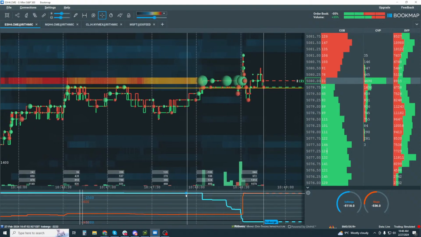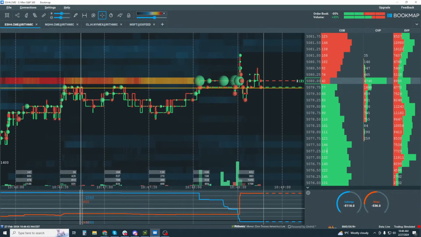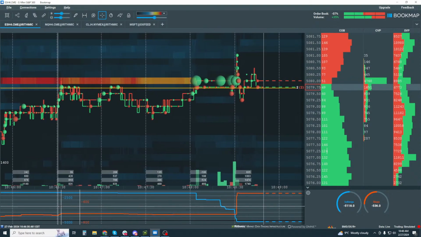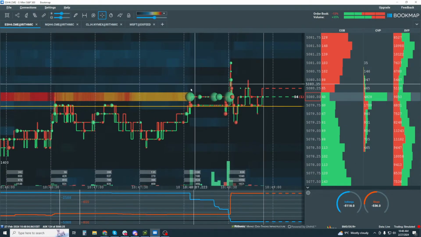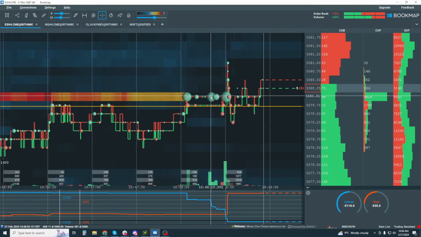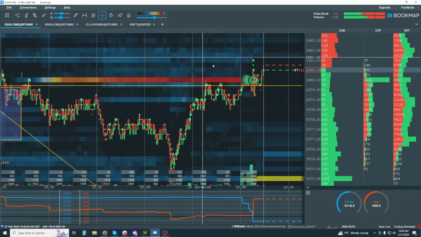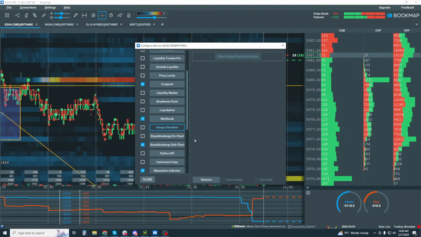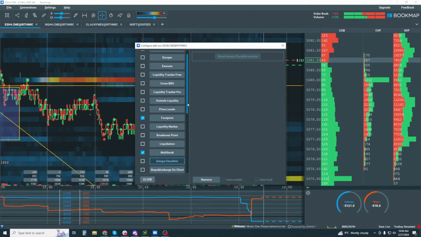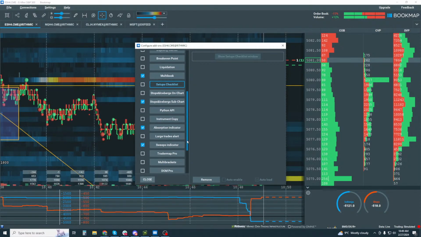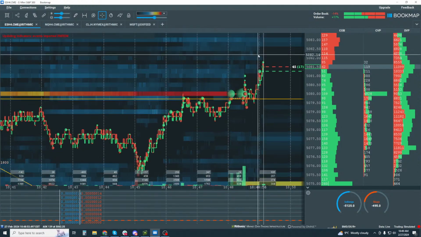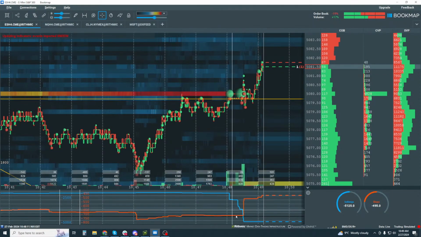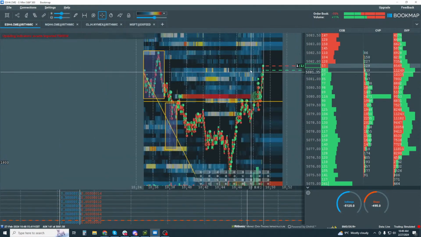Okay, so they sold. How many is that here? It's like 2,500 or more contracts here just transacted. We can put our iceberg indicator on chart here. And beautiful stop run as well.